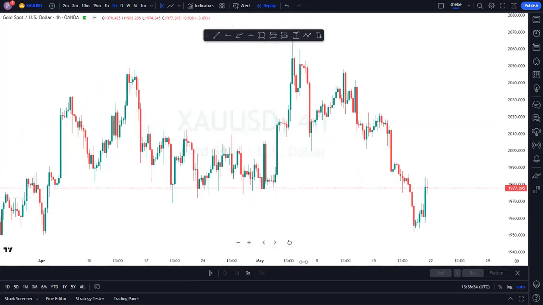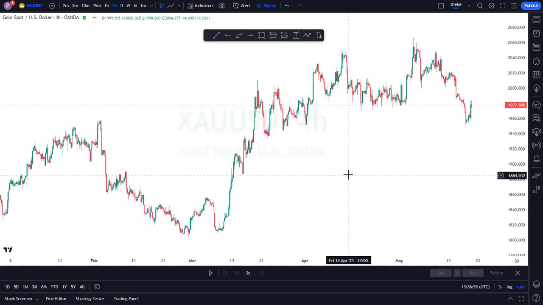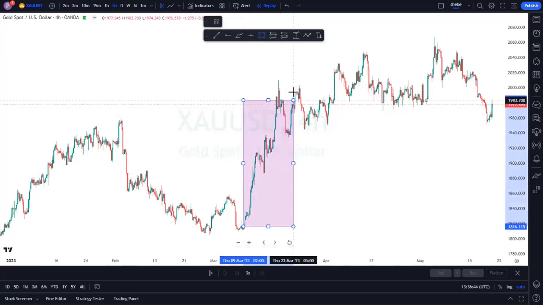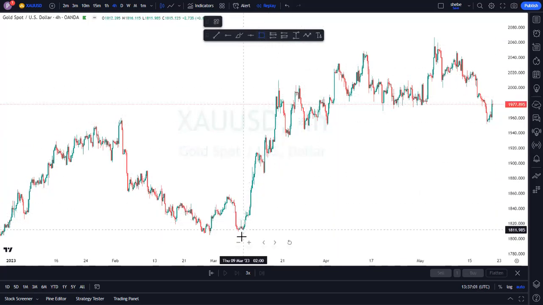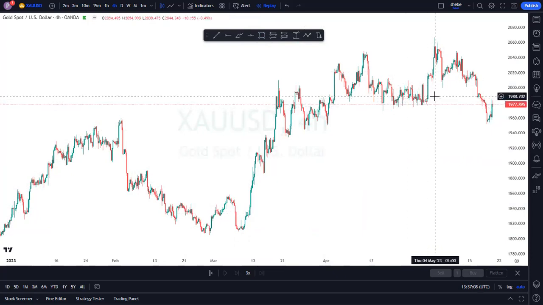If you measure it like this, from this point to here, this was an impulsive move. After this impulsive move, the price got a little bit of correction. All this was just an impulsive move, from this point down here to here, and now we are entering a correction move.